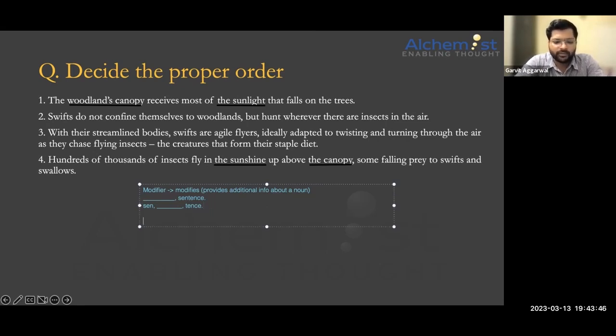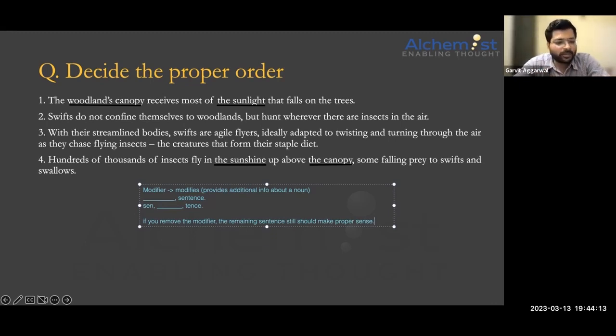Moreover, if you remove the modifier, the remaining sentence still should make proper sense. So that is the quality of a modifier. If you remove the modifier, the remaining sentence still makes sense.